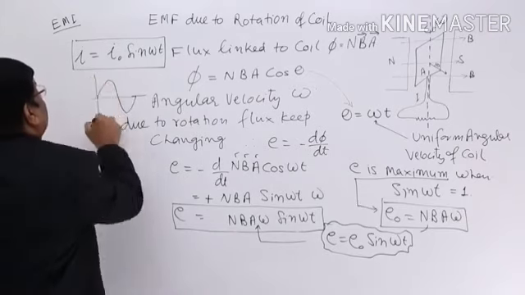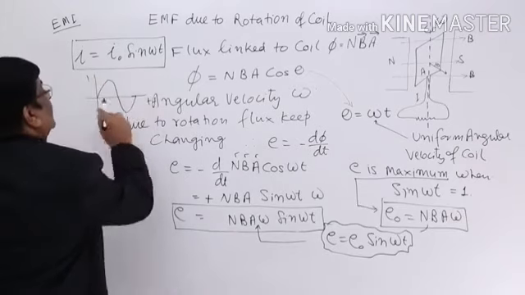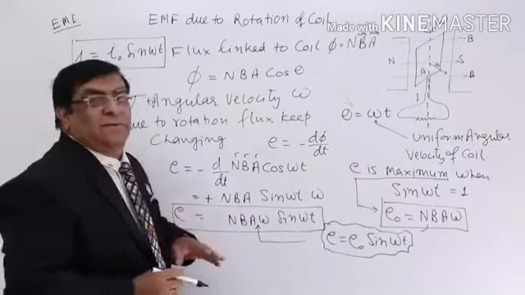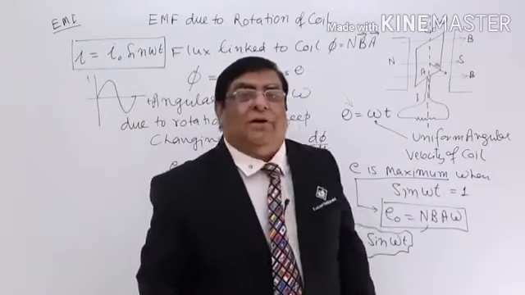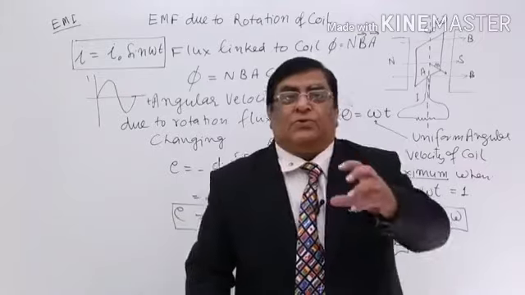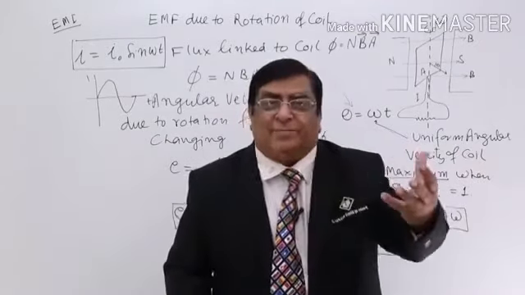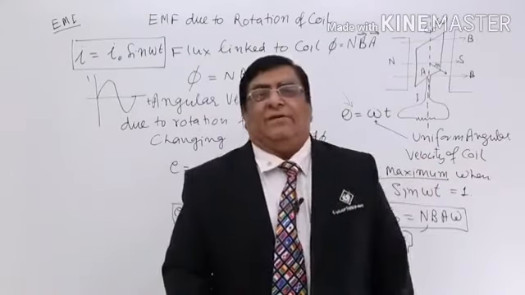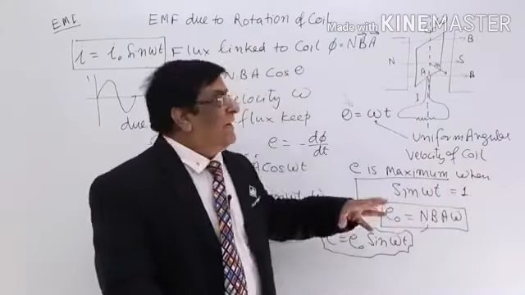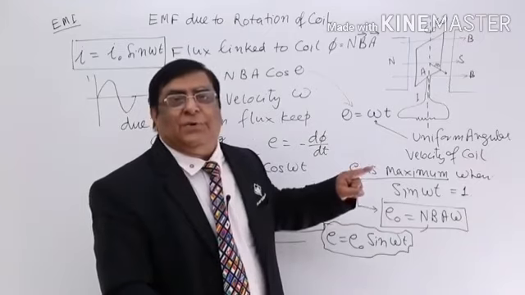This is the current-time graph, and this type of current we give another name, we call it alternating current. So just after this we start our next chapter, that is alternating current. This is the base of alternating current. How is alternating current produced?